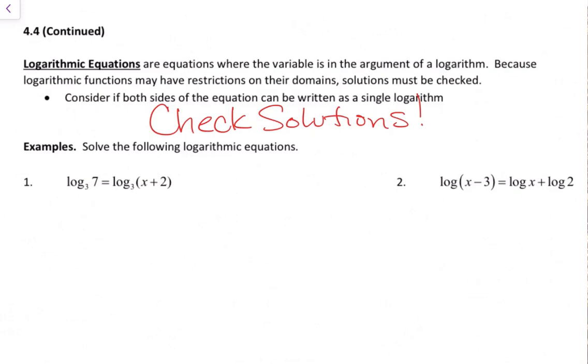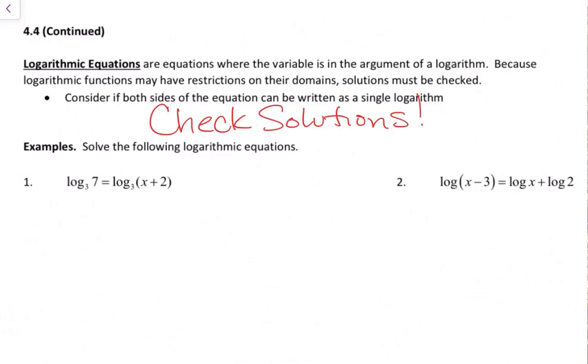Okay, now with exponential equations, I showed you a little shortcut up front that you can use when you recognize it. There's a similar shortcut for logarithmic equations. Now the shortcut will only work if you are able to take the equation and get a single log with the same base on both sides of the equal sign.